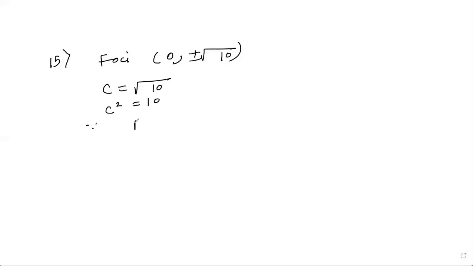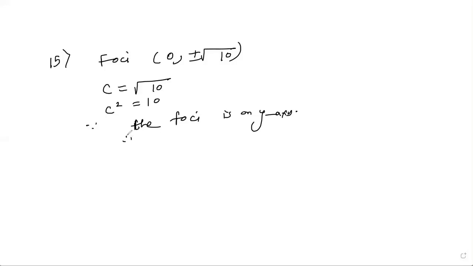So since the foci is on y-axis, we can understand which form it is. Obviously it's going to be our second form. So second form we are going to use here.